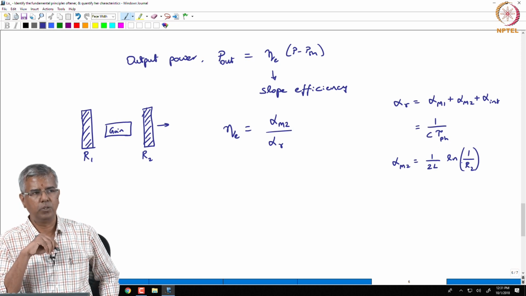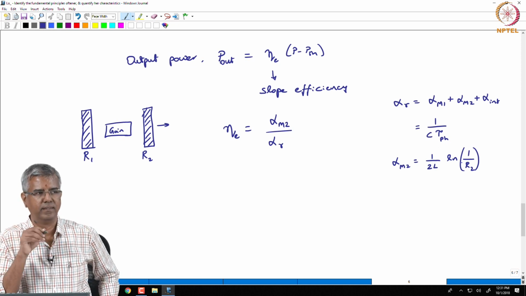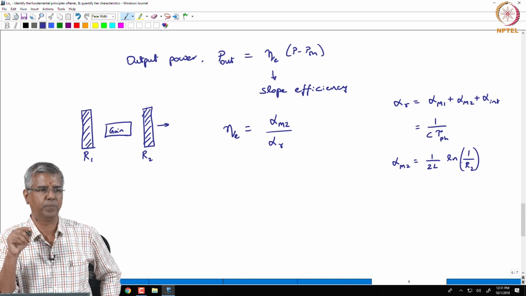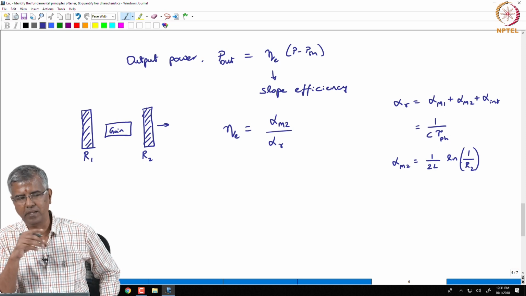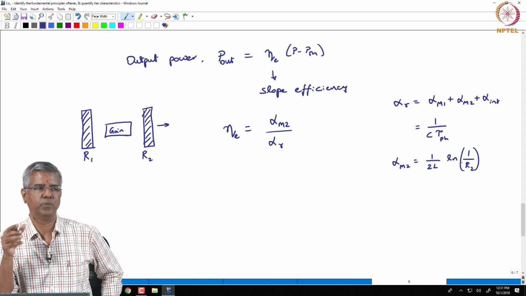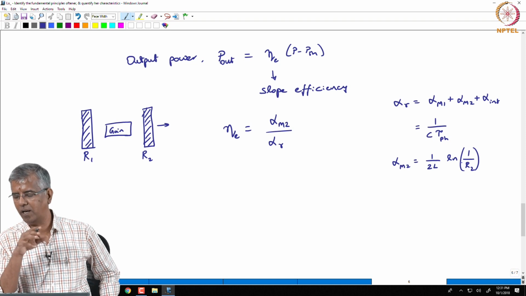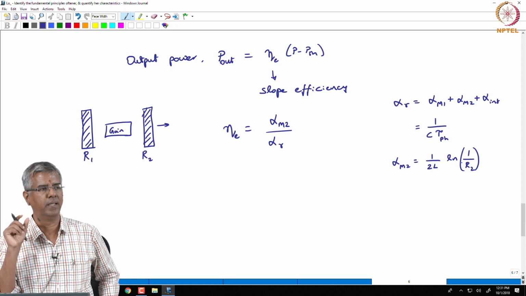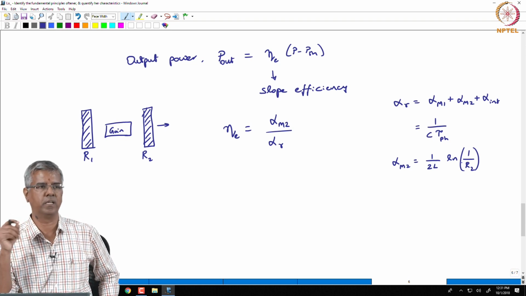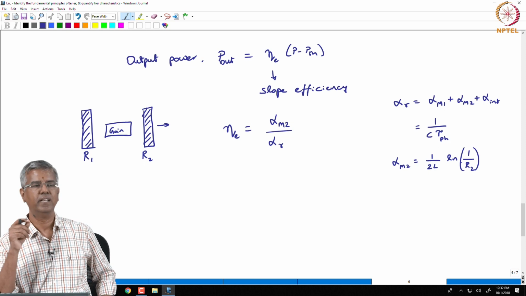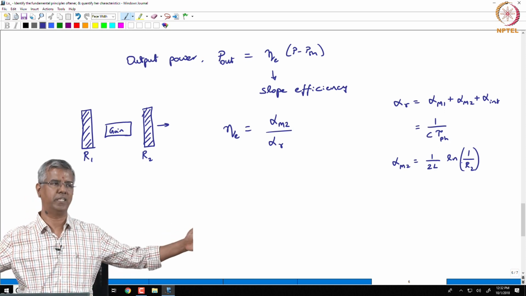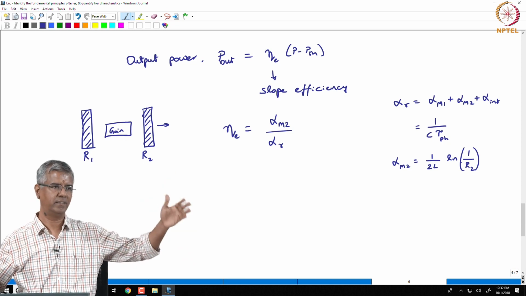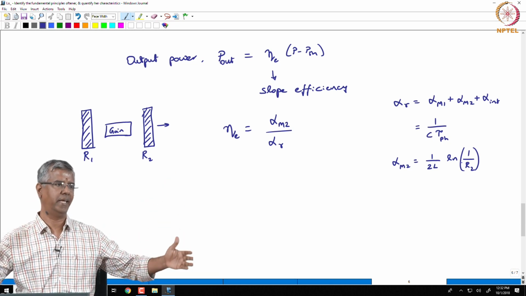Where did we get that 1 over 2L? The 2L corresponds to the round trip propagation, but we are normalizing the mirror loss with respect to 2L, so that all of this overall resonator loss can be represented on a per meter basis. Alpha int is distributed across the medium, whereas the mirror losses are just lumped elements at the ends.